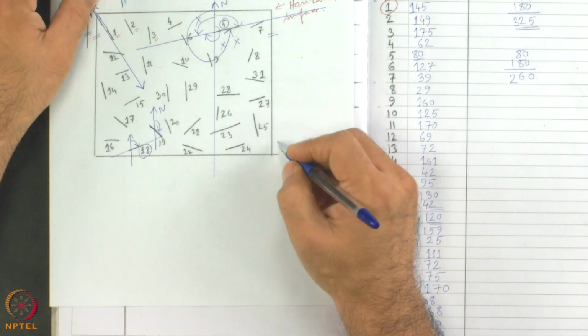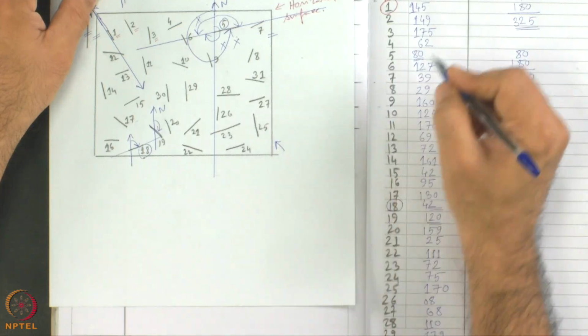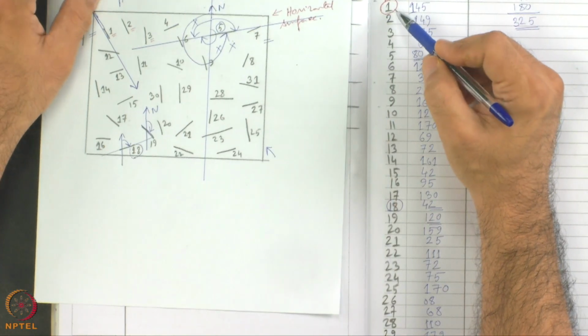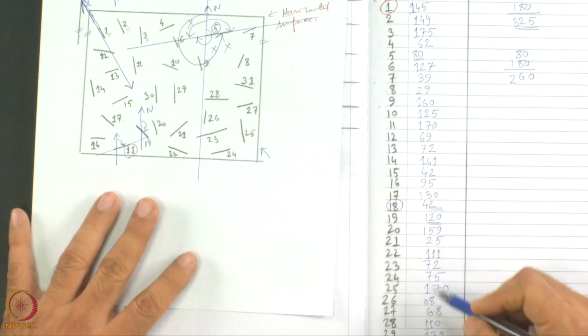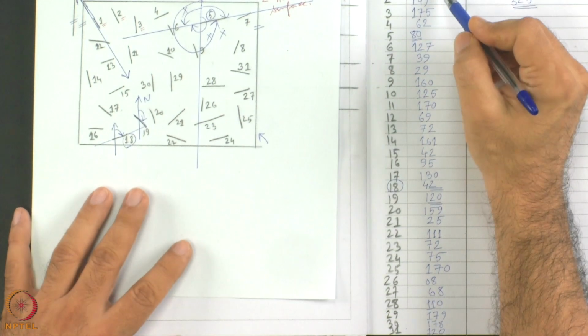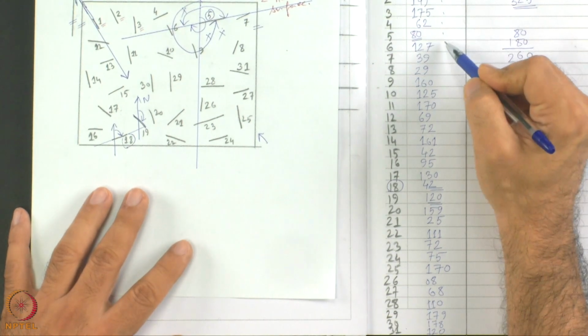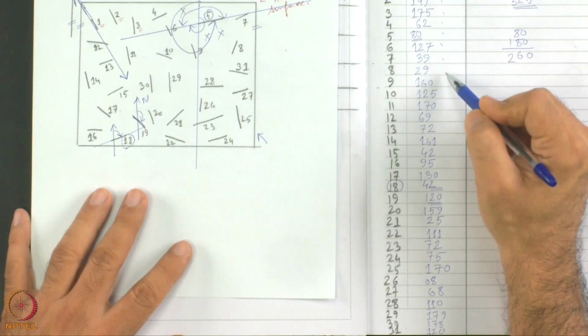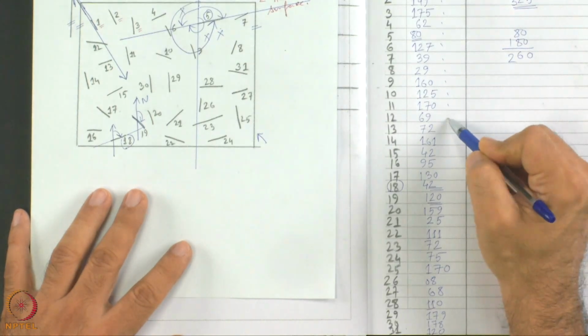Now, consider that after accurate measurement with the angle measurer, we have found the trend of line 1, 2, 3, and it goes up to line 31. Note that all the numbers are less than or equal to 180 degrees.